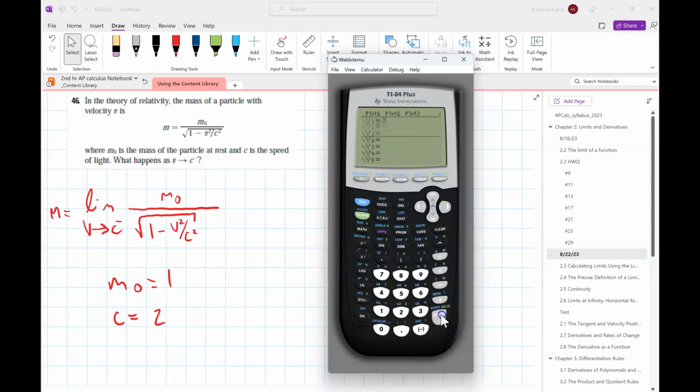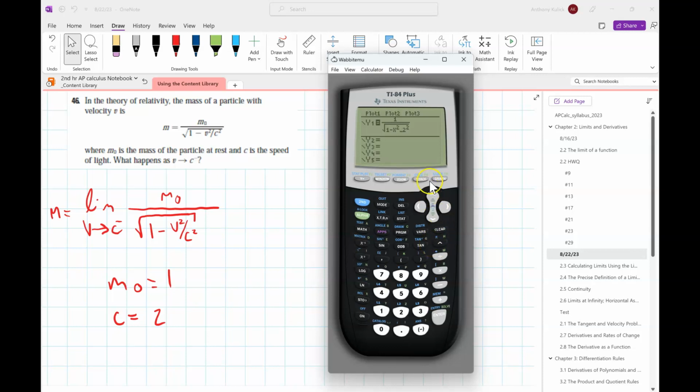So again, I'm going to type this in. I'm going to use that fraction command to make a little shortcut. Oops, and that was x squared. Okay.